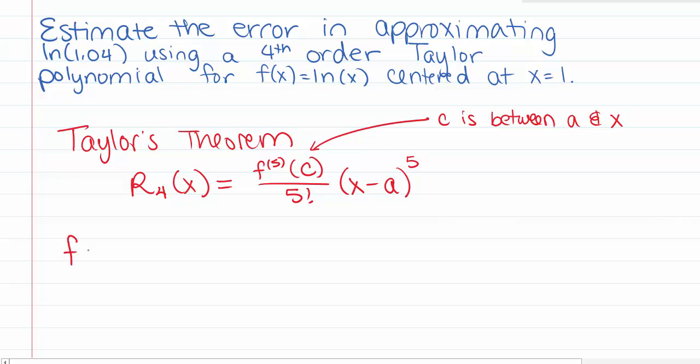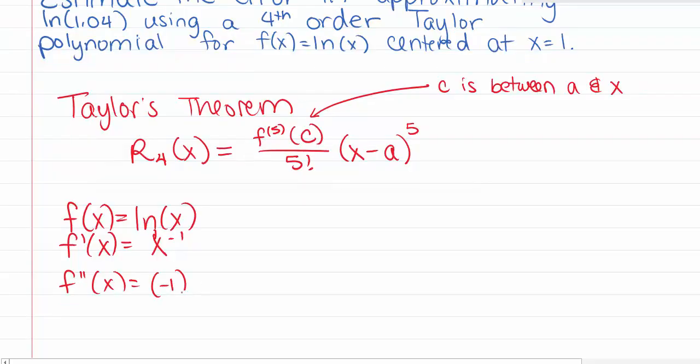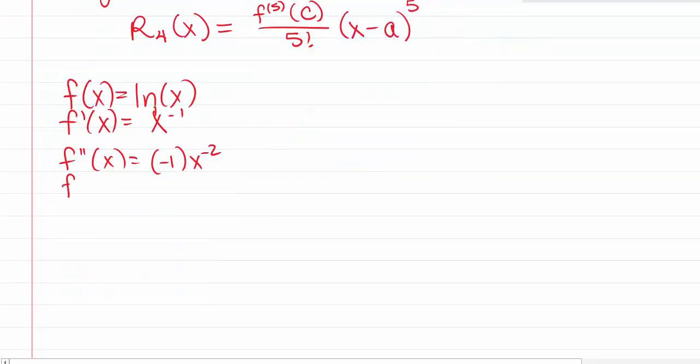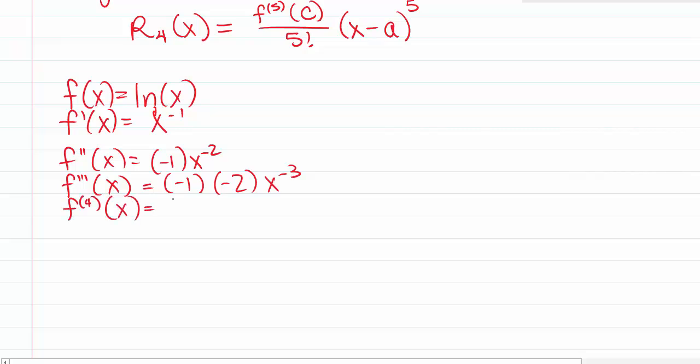So maybe we need to go back and look at the derivatives again. So we had f of x equaling natural log of x. F prime of x was x to the negative 1. F double prime of x, negative 1, x to the negative 2. F triple prime of x was negative 1 times negative 2 times x to the negative 3. The fourth derivative at x was negative 1 times negative 2 times negative 3 times x to the negative 4.